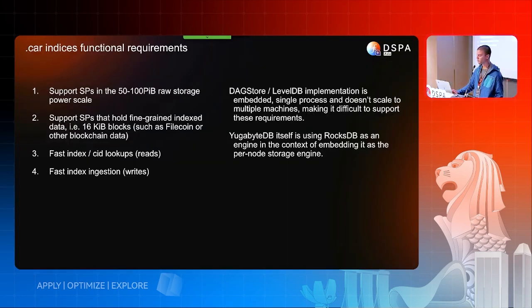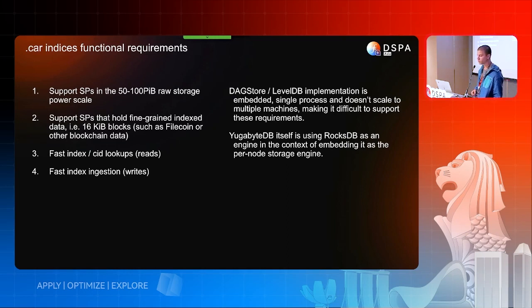So coming up with the requirements for that feature basically means, number one, support SPs in the 50 to 100 petabyte raw storage power scale. Second of all, we wanted to make sure that even if this storage is filled with fine-grained index data, for example, 16K blocks, such as Falcon or any other blockchain data, we can index it and provide it for retrieval.